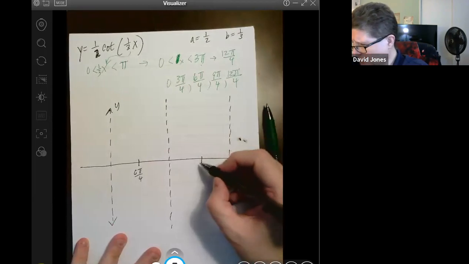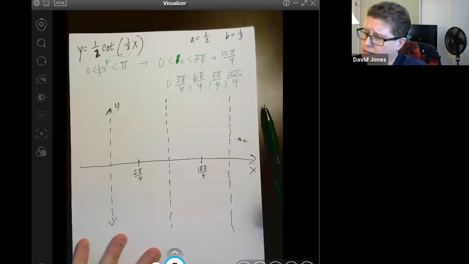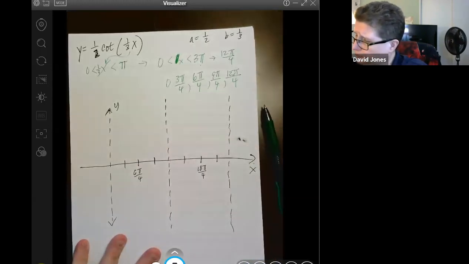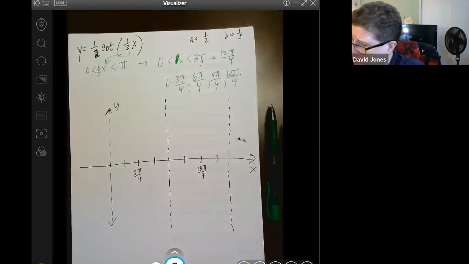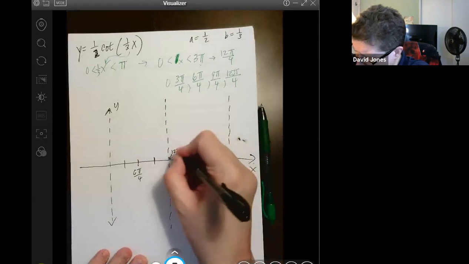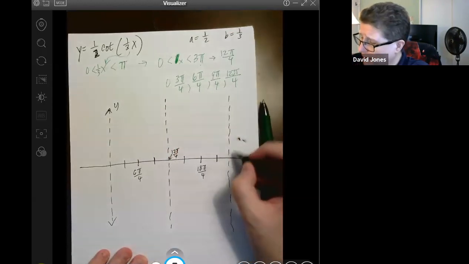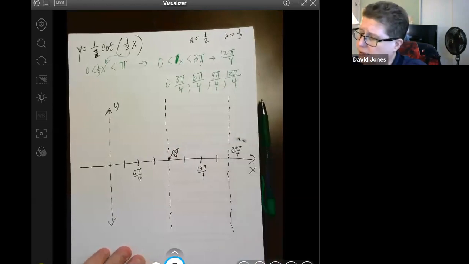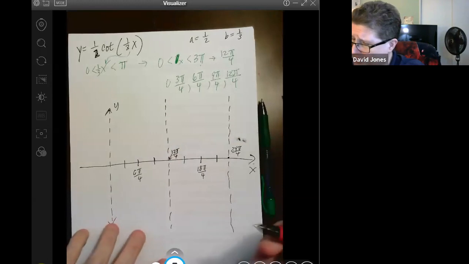This one's going to be 18 pi over 4. 12 pi over 4. That'll make this one 24 pi over 4. And we've got 0 in the middle.